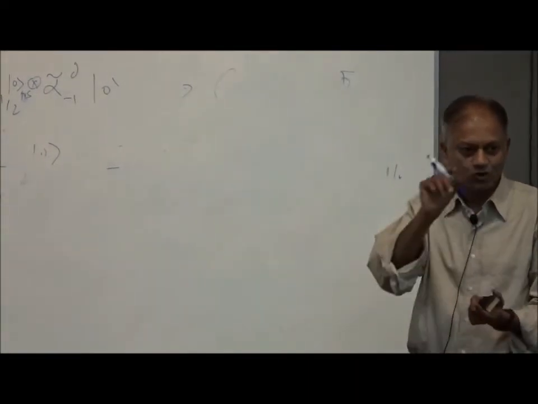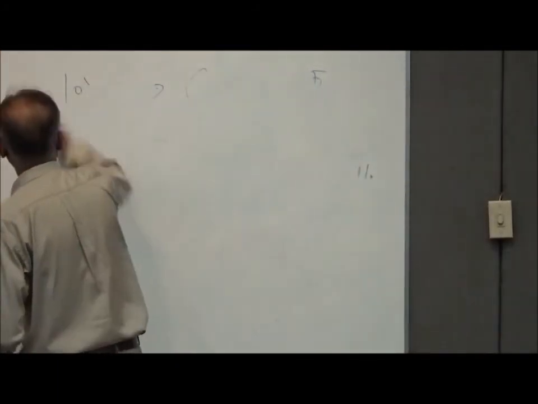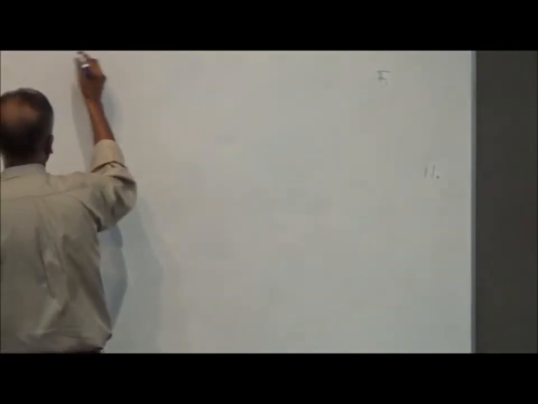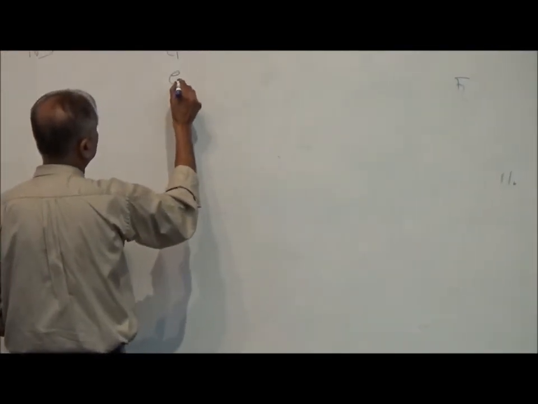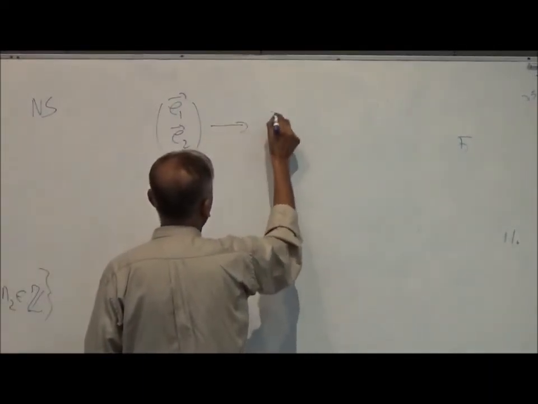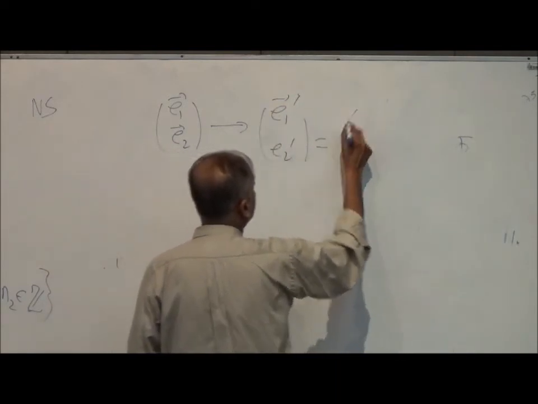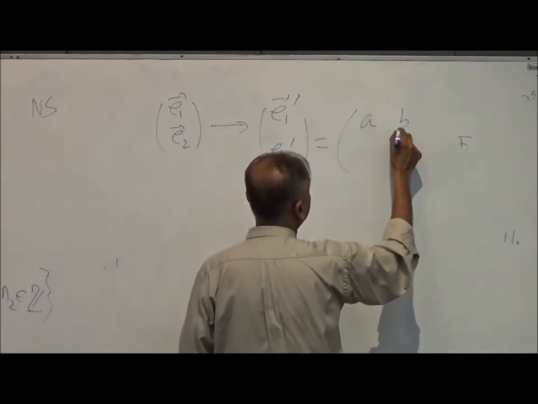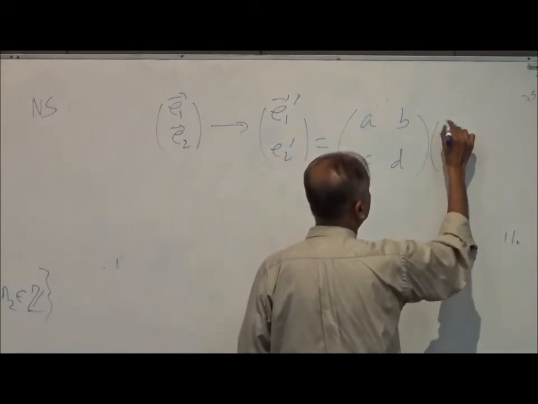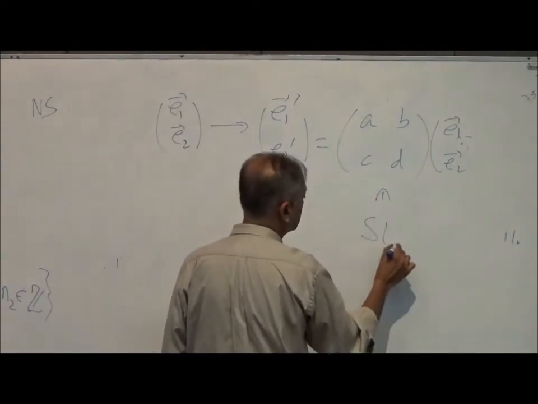So the coefficients in SL2Z must be integers, right? What we are saying here is that if I choose some basis E1 and E2, then I can change the basis to E1 prime and E2 prime, which is related by an SL2Z transformation A, B, C, D of E1, E2, where A, B, C, D belongs to SL2Z.